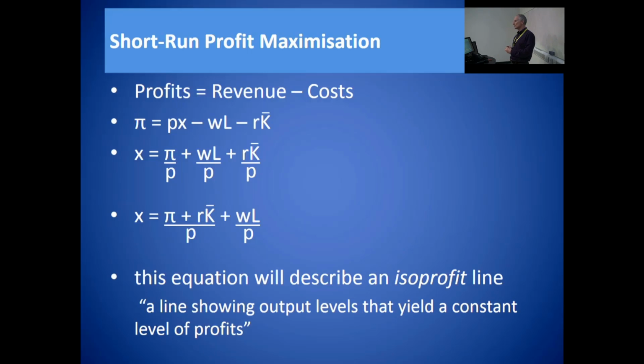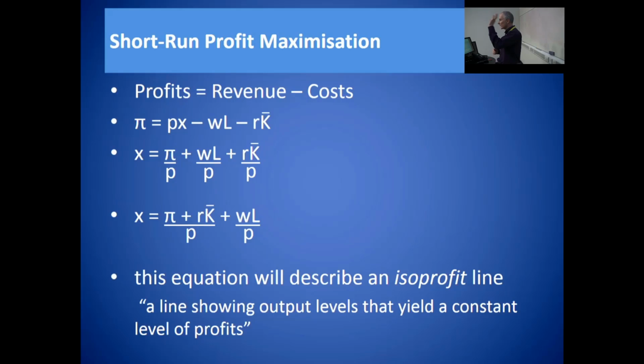That equation between output and labour describes what is known as the firm's iso-profit line. So when we looked at last week, we had an isoquant, a curve that showed equal quantities.